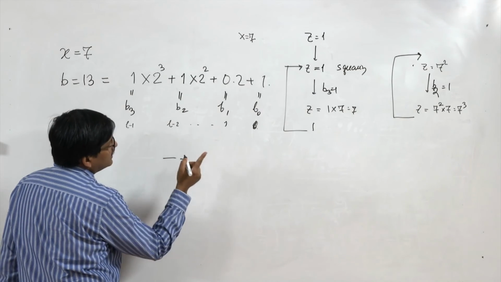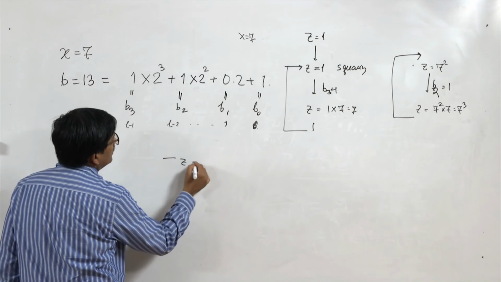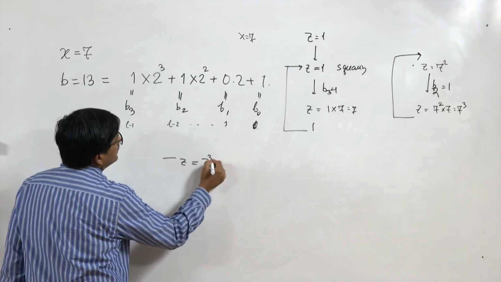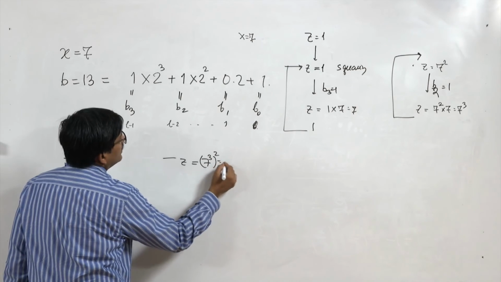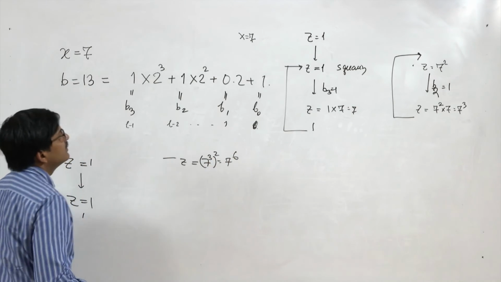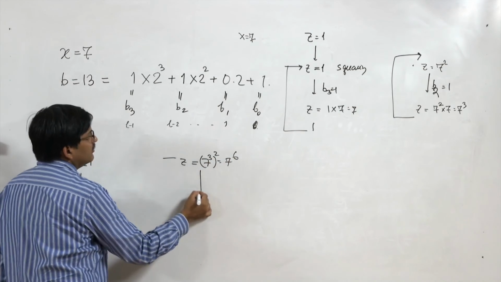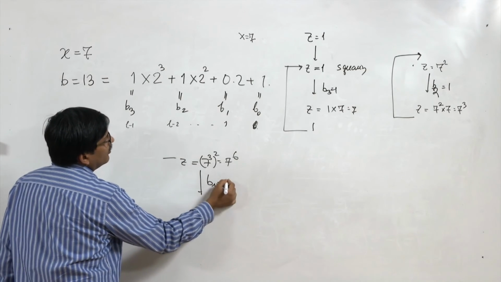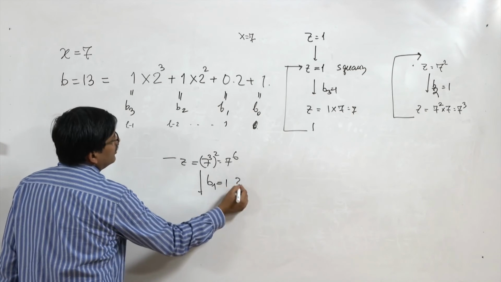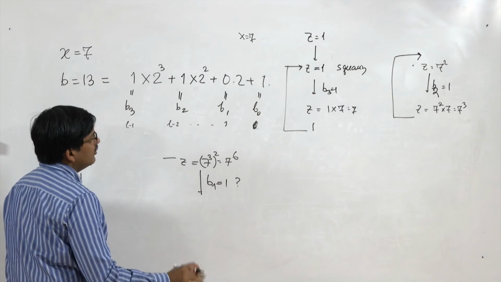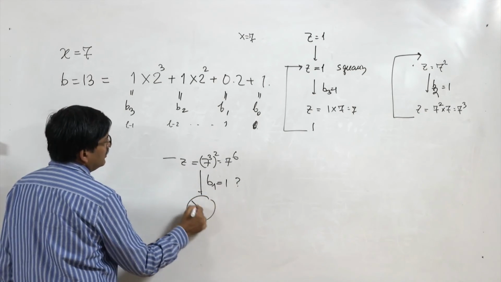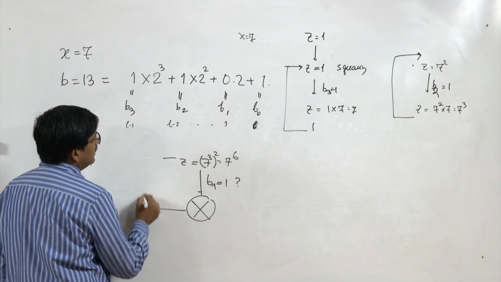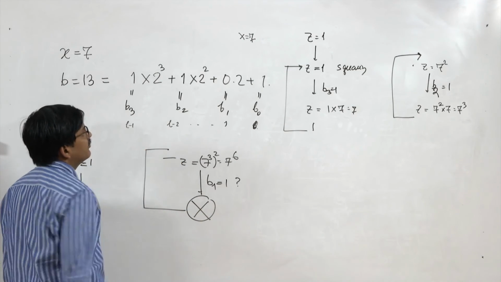My z was 7 cube, I am squaring z, 7 cube square is 7 raised to the power 6, and I am going down again inside the loop, and asking whether b 1 is equal to 1 or not. B 1 is not equal to 1, so I do not do anything. I move again back to the squaring step.